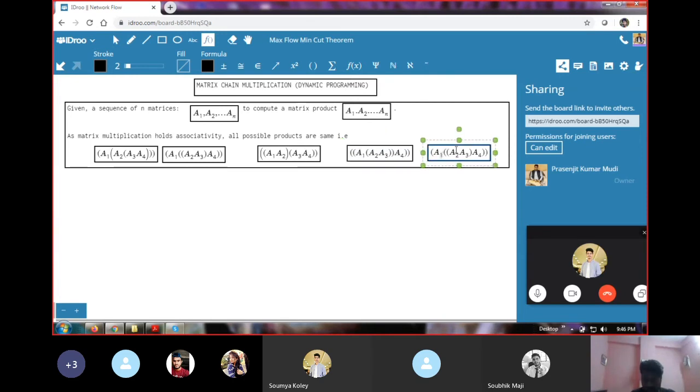Then we have A1, A2 first, then we do that with A3, and then overall with the 4. So you can see now we have 4 cases.